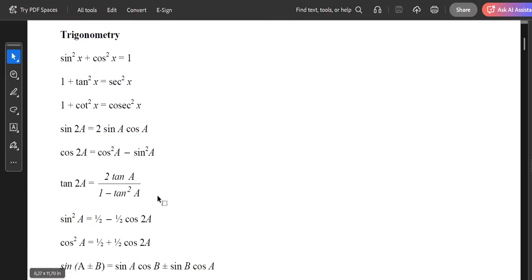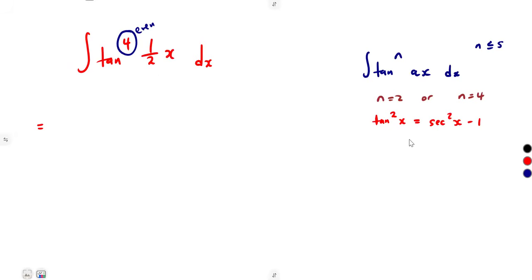We are just transposing, taking the 1 to the other side, so it is going to be negative 1 there, which is okay. If we are given anything for tan of x, but this is half of x.